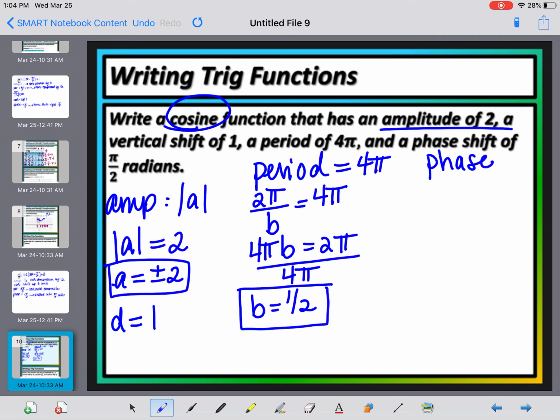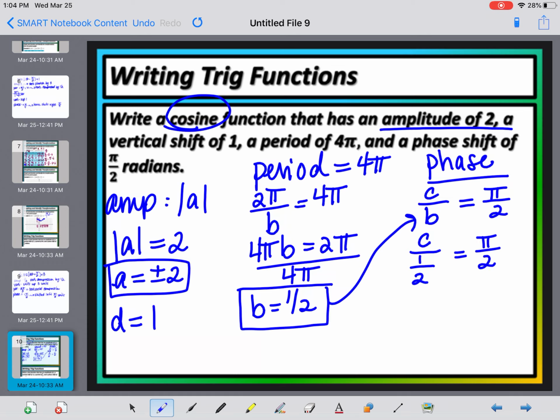Okay, and then the phase shift. So phase is C over B. Okay, and they're telling me that that value should be pi over 2. Now, in order to solve this, we have two unknowns, which means we have to use B that we got in the step before.